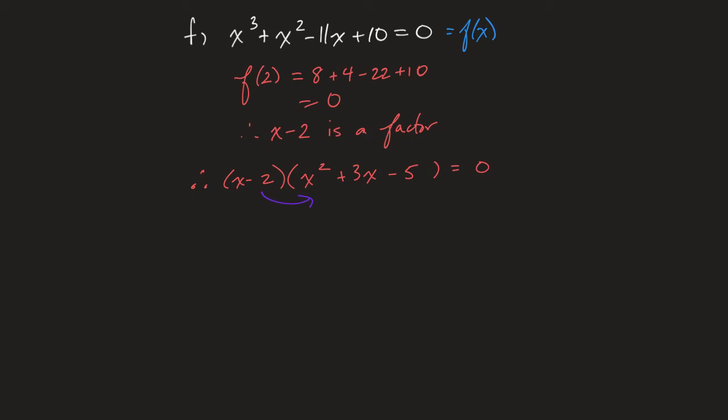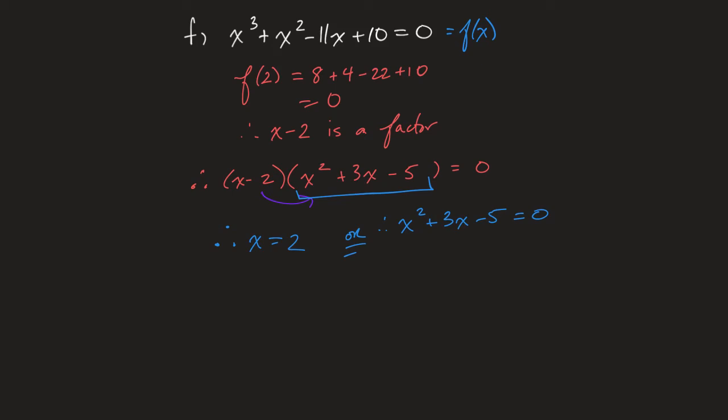Because I can see in the first factor, I can get a solution of x equals 2. And if I have a quadratic, really, this is all that's happened. Therefore, x squared plus 3x minus 5 has to equal 0. I end up with a quadratic equation.